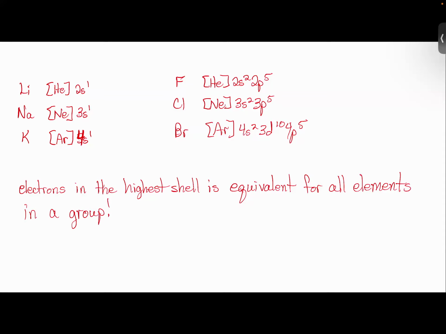Now, it may not be as obvious on the bromine, but again, the shell is represented by the number preceding a letter. And in the 4s and the 4p, there are 7.